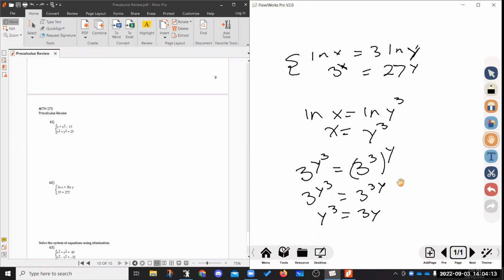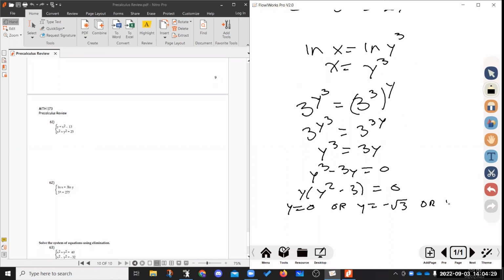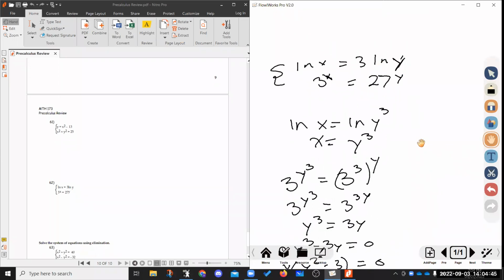Then I'm going to subtract 3y. So y equals 0, or y equals negative root 3, or y equals root 3. Then I can come back to my original equation, where I have an ln of y in it.